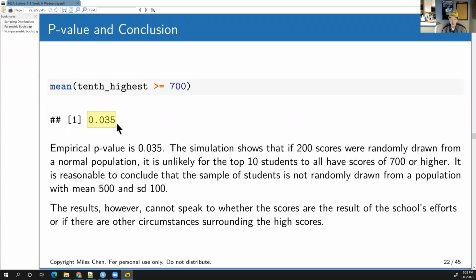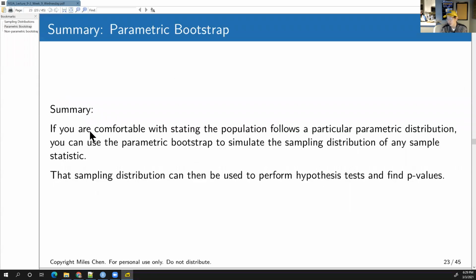Maybe the school's located in an area that attracts high performing students. Who knows? Whatever it is, this is just the results. All we're saying is that it's not super likely for this to happen randomly. It happens around 3.5% of the time. It's not impossible, but it's also not highly probable either.